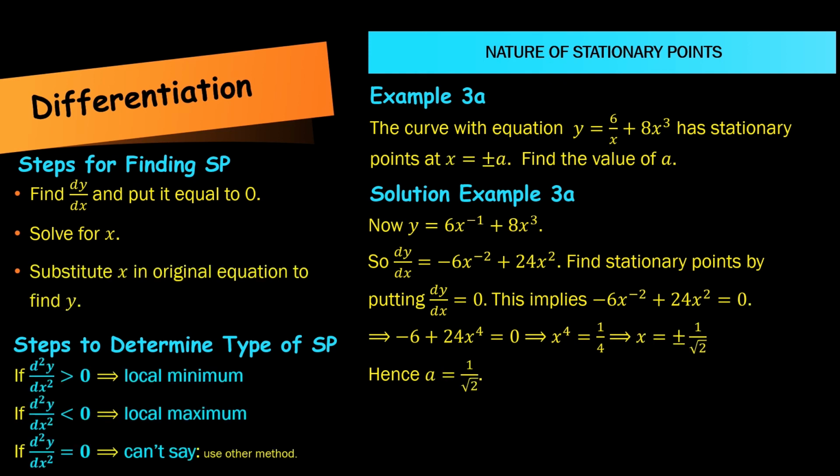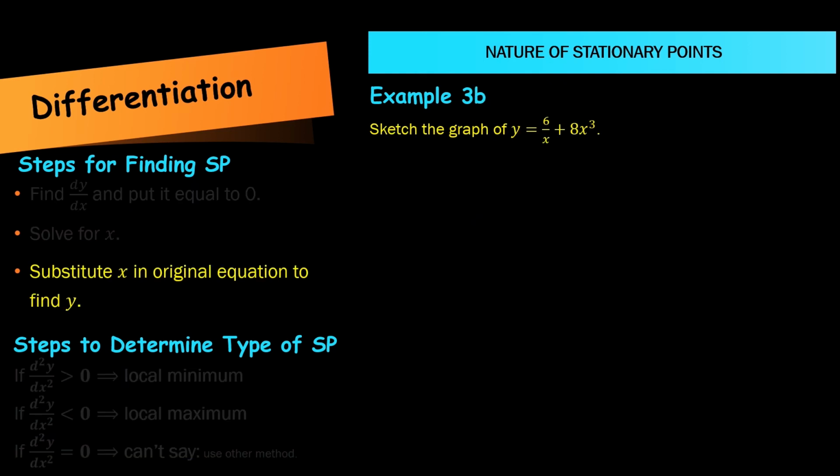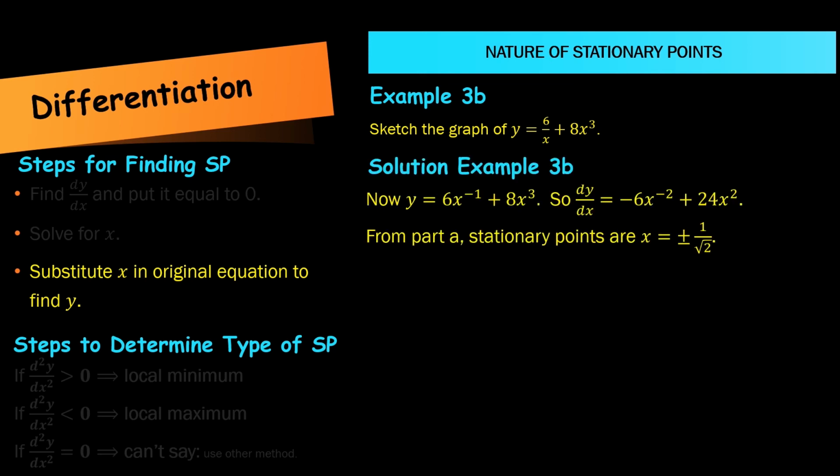Now let's sketch the graph of y equals 6 over x plus 8x³. So here is the key information from part A. When x equals 1 over root 2, substituting this into the equation for y gives us that y equals 6 root 2 plus 8 over root 2 cubed.